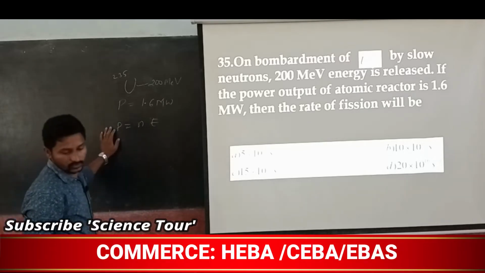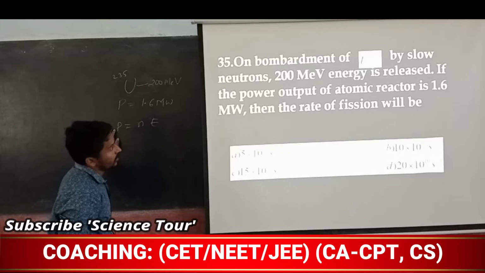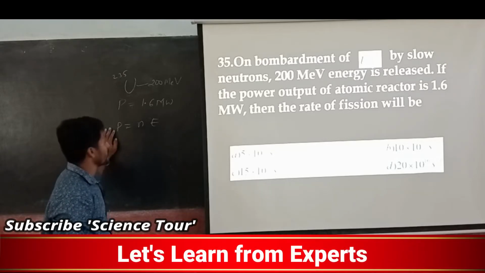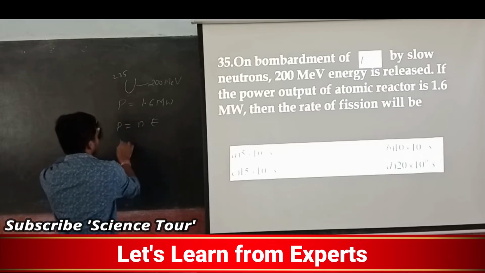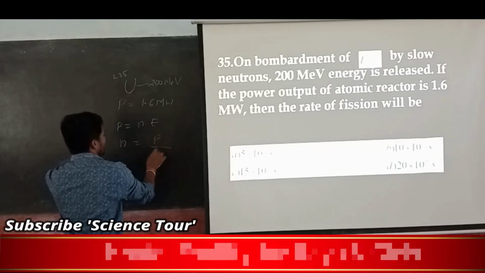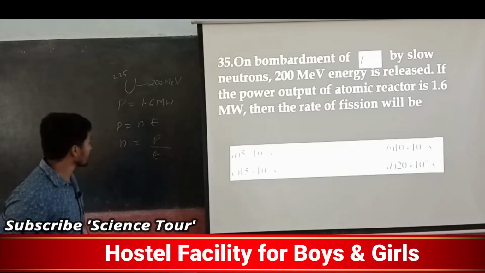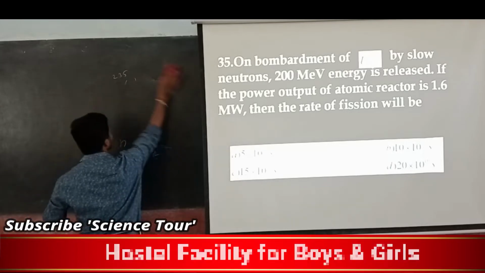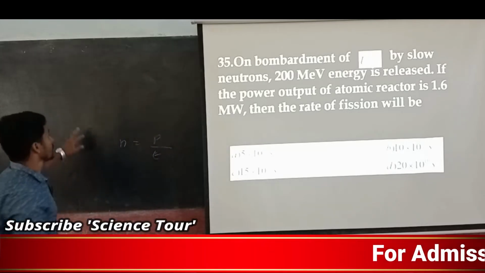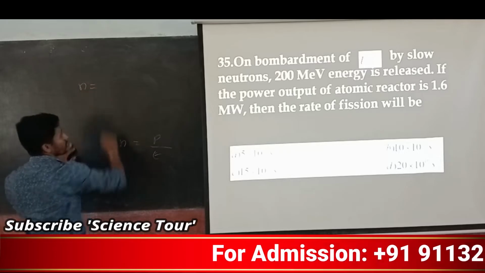Now what you have to find out is the number of fission per second. So power divided by energy. Power means total power given.